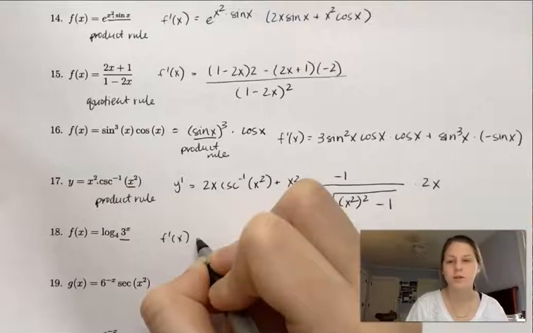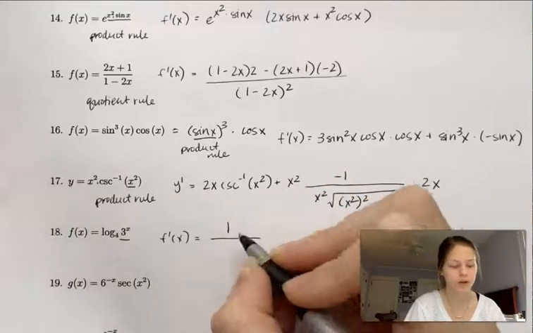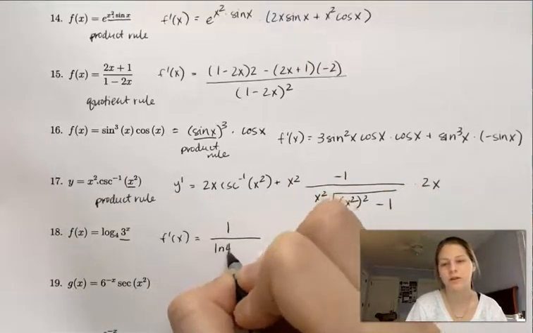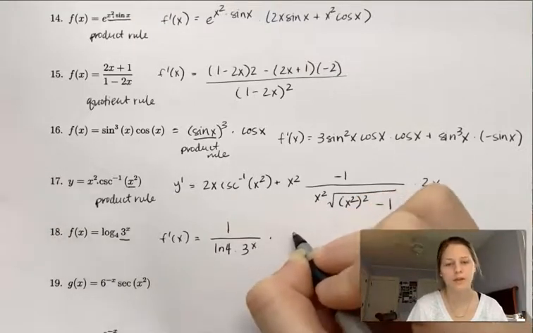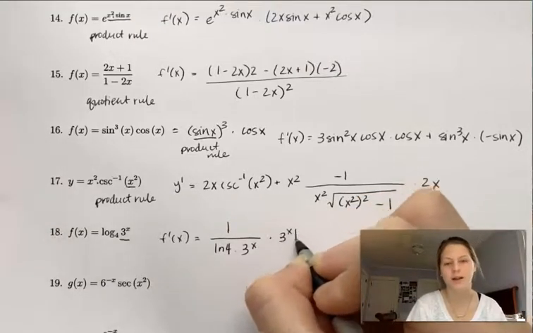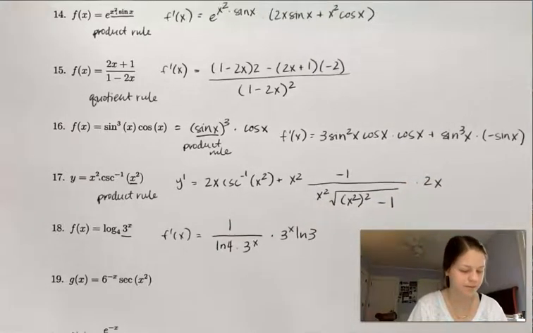So this question uses the chain rule, not the power rule, and we will use both of those rules to get our answer. So we get f prime of x is equal to 1 over ln of 4 times 3 to the x. And then because we're doing chain rule, we get 3 to the x times ln of 3. And that's our final answer for that question.